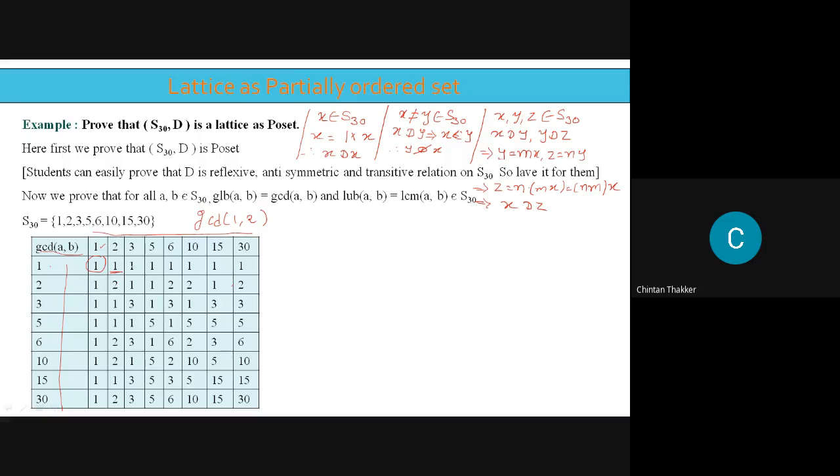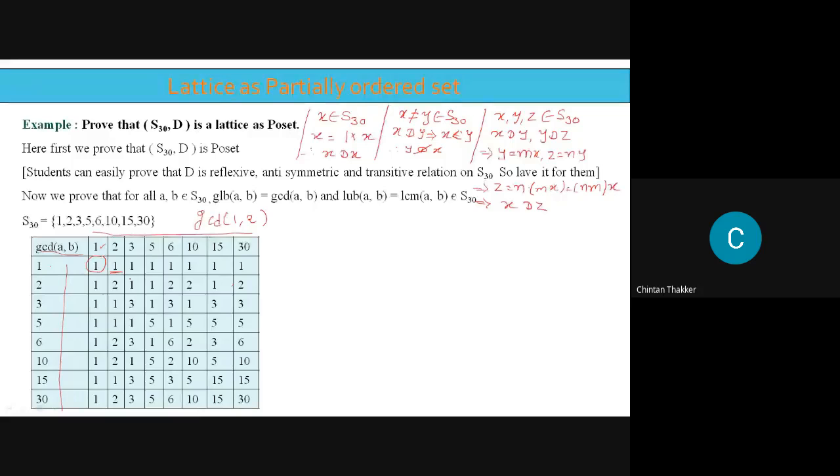Because 1 divides 1 and 1 divides 2, the greatest common divisor is 1. So whenever we have 1 in place of a or b, the GCD is always 1.